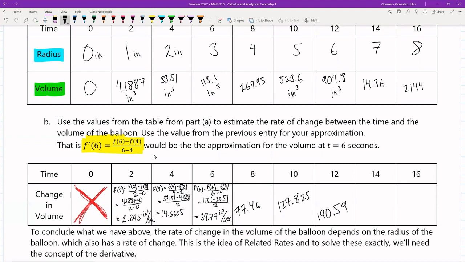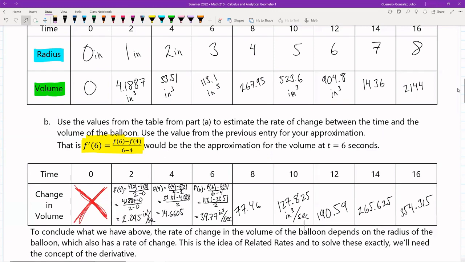The next one at 14 is 265.625. These are all approximate, okay? And then the very last one, 354.315. Just keep in mind that all of these are a change in volume, so they are all inches cubed per second.